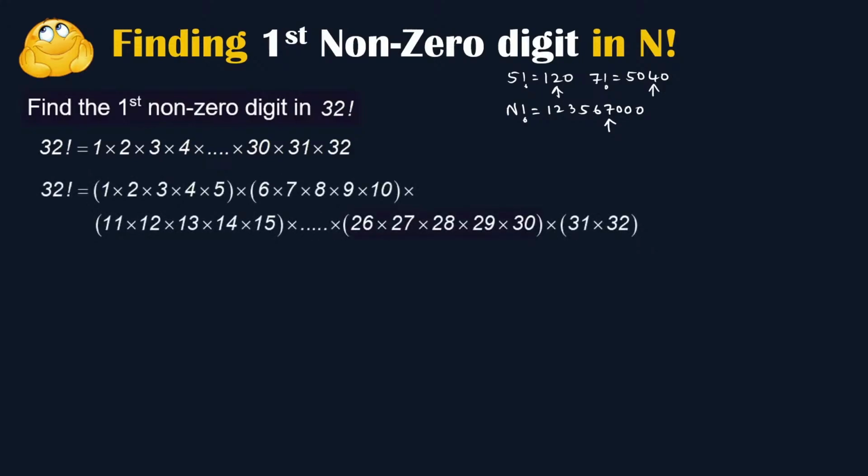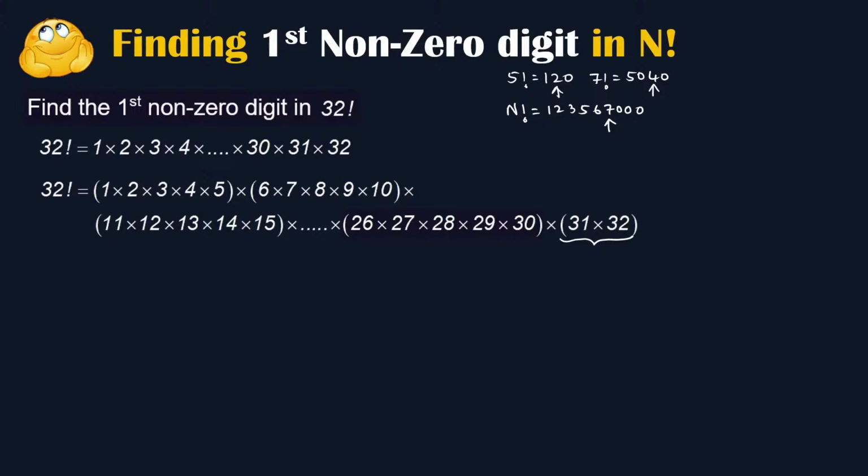There 1 into 2 into 3 into 4 into 5, then start with 6, 7, 8, 9, 10 and this goes on. So we can easily see that there will be 6 such brackets in which there will be 5 consecutive digits. Clear? And the last group consists of only 2 elements.